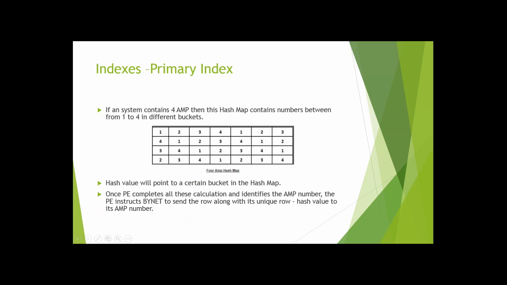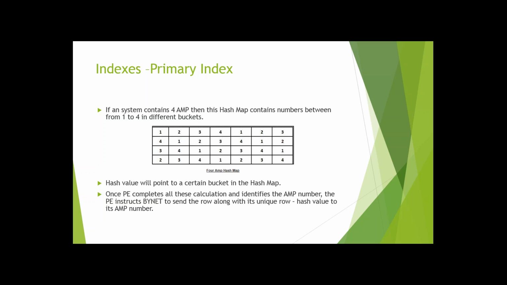Let's say it points to this bucket, which means the data is going to be stored in AMP1. That's how we know that the data is going to be stored in AMP1.